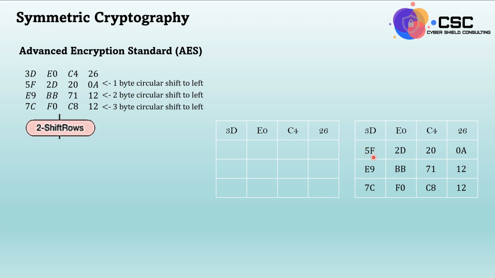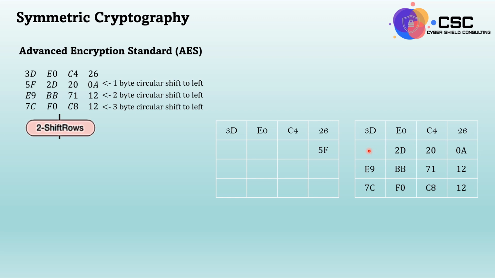Now if you look at row number 2, for 5F, I want to shift it by 1 byte. So it's a circular shift to the left. Since it's the first in the row, with a circular shift, this will become the last in row number 2. And that's how you see 5F being shifted. Now if I look at 2D, I want to shift 1 byte, so 2D will move here.